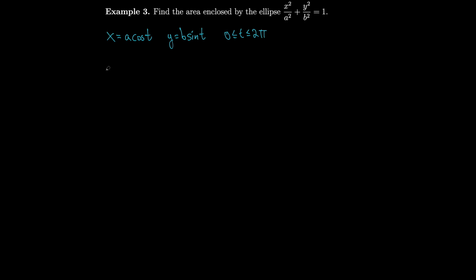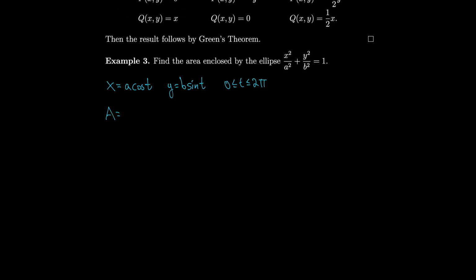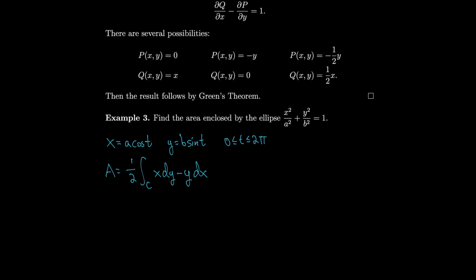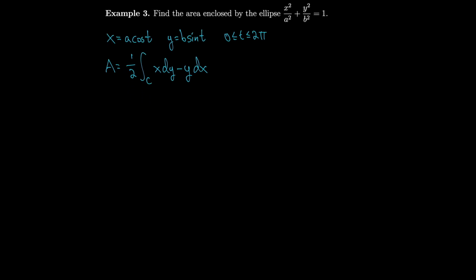So then our area, how about we use this last formula, because everything will cancel nicely. So we'll say that that's half of the line integral over C of x dy minus y dx. So what we're doing is half of the integral from 0 to 2 pi.